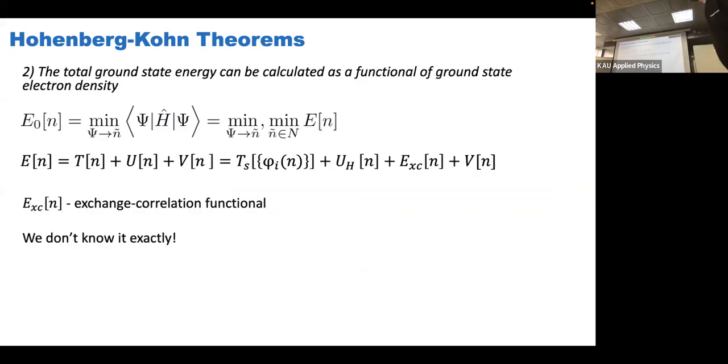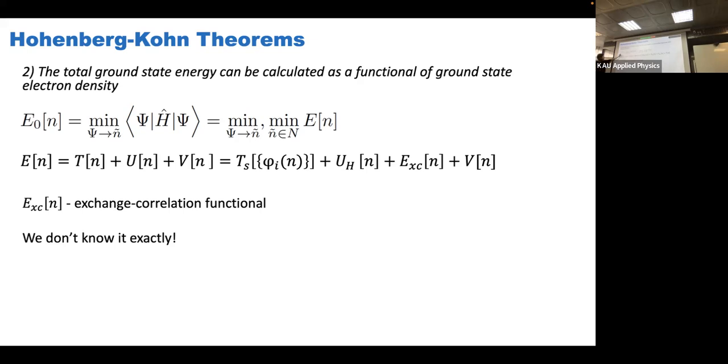And another theorem says that the total ground state energy can be created as a function of the ground state electron density. The first theorem tells us that we have some unique electron density, which corresponds to some unique wave function and some unique external potential.